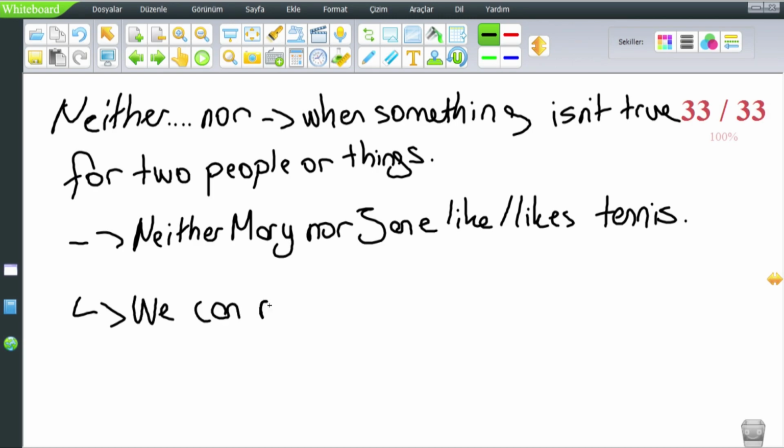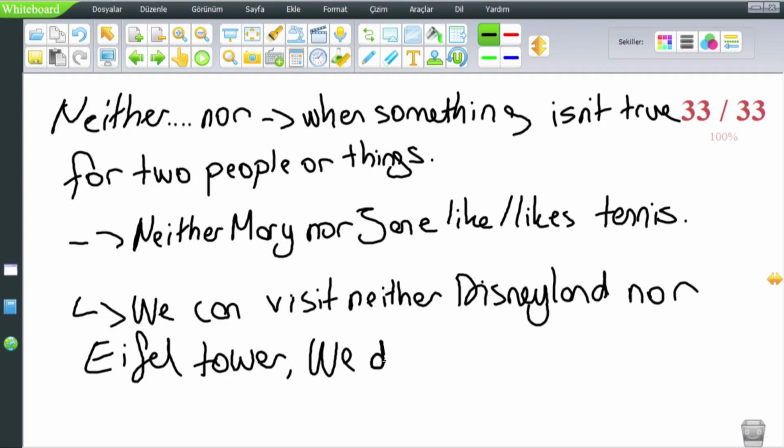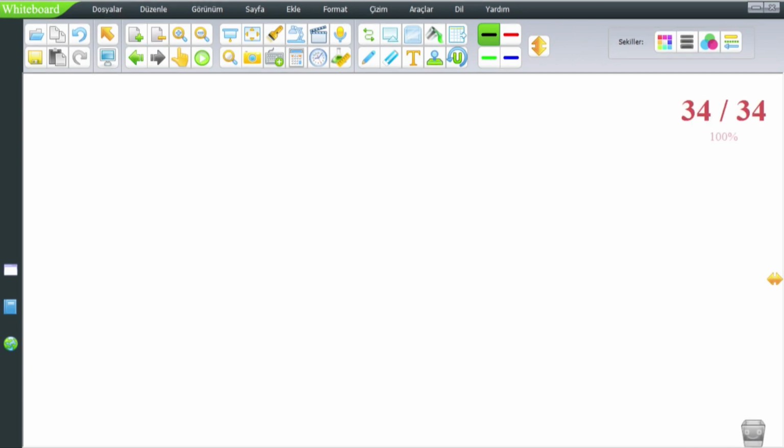We can visit neither Disneyland nor the Eiffel Tower. We don't have time. It means that we won't be able to visit the Eiffel Tower and Disneyland. We don't have time for either of them.